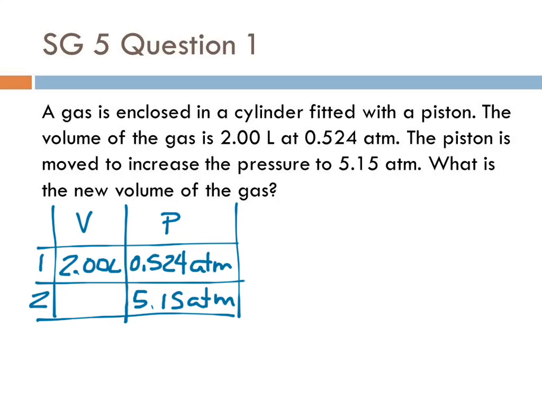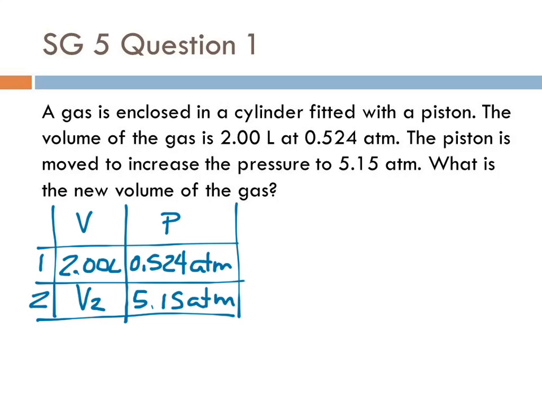So we look at our table now and we see that we have 3 numbers in the table and there's 1 blank square right here. This is column V, row 2, so we'll call that V2. So what kind of equation do we need? It has to have what variables in it? Pressure and volume. And there are going to be 1s and 2s involved.